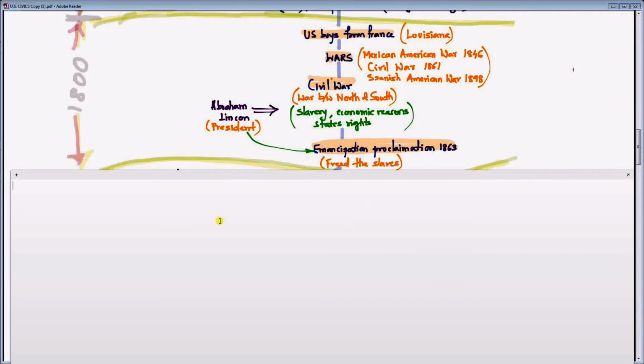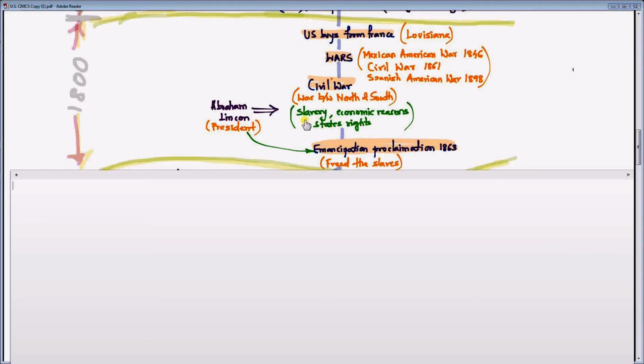Like every newly formed country, we were having our own sort of problems. After getting freedom from Great Britain, we had to buy the Louisiana territory from France. We had to go through a share of wars, including the Civil War, which was the war between the North and the South.